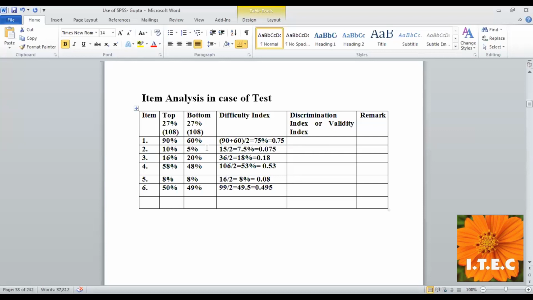And then you take the average, and that becomes the difficulty index. Now I'm going to tell you how to find out the discrimination index. So I hope, Gaurav, now you have understood the difficulty index.